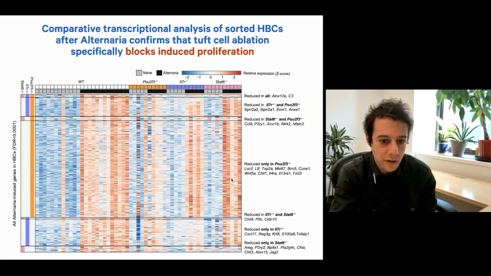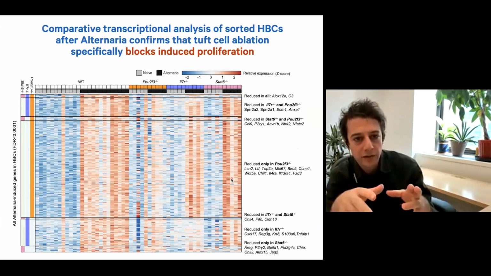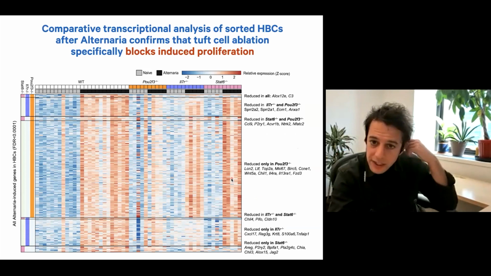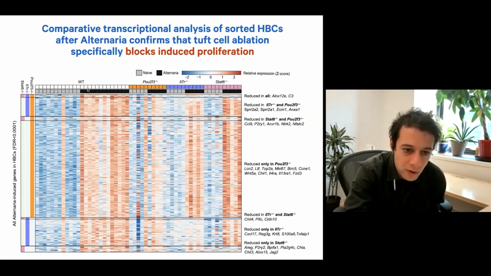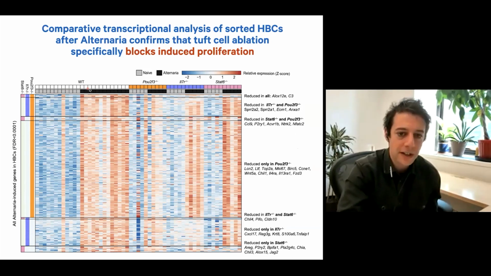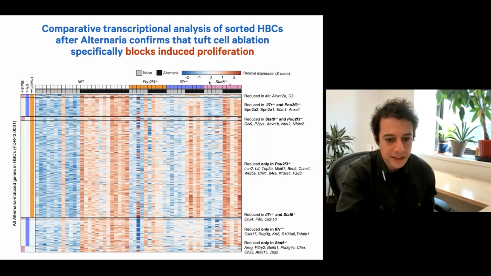So this was super interesting, and we performed a comparative transcriptional analysis of these sorted HBCs. Each column here is a pool of sorted horizontal basal cells, either from naive mice or exposed to Alternaria. These are wild type at the top, this first section, and then these are the three knockout mouse models I've been talking about: tuft cell deficient, lymphocyte deficient, and IL-13 deficient mice.